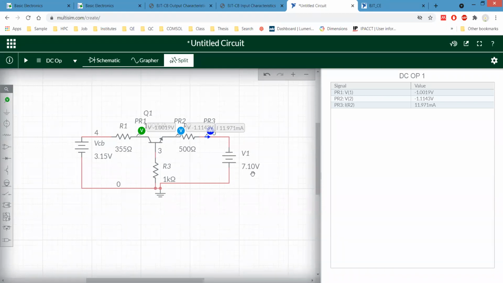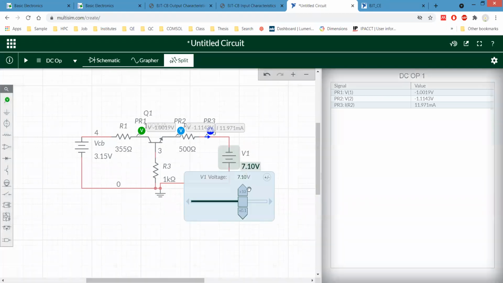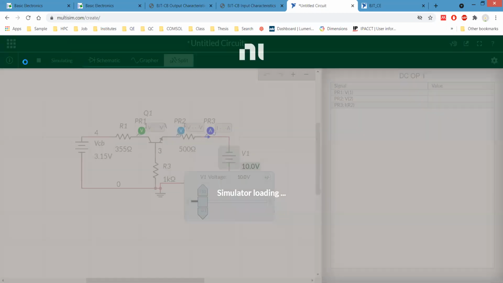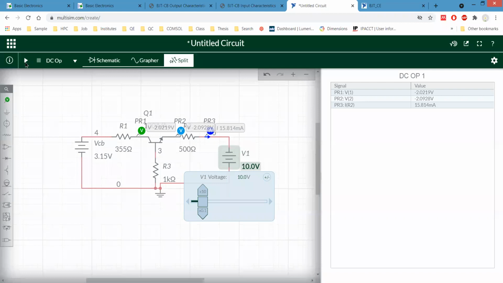Noted. Now let's take another value. Yeah, the voltage is 2.09 and the current is 15.8. Noted, sir.